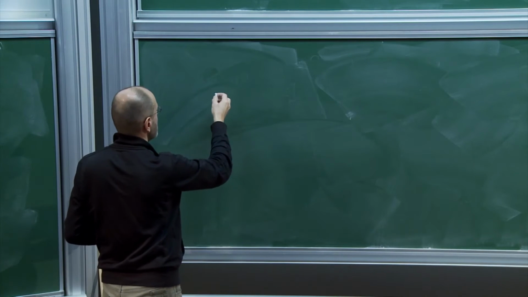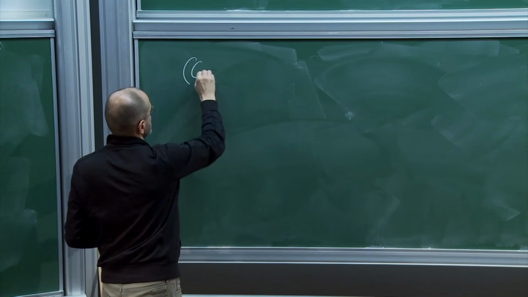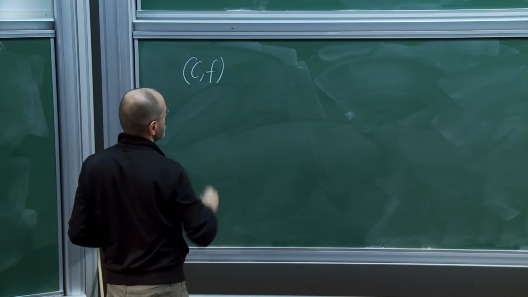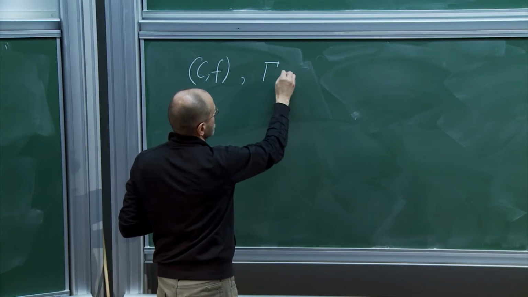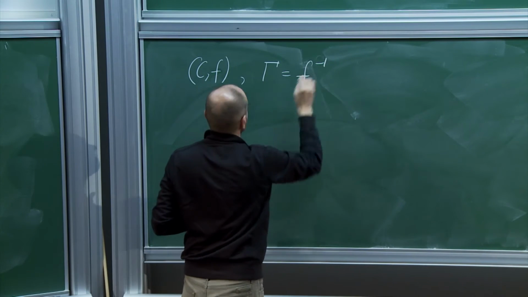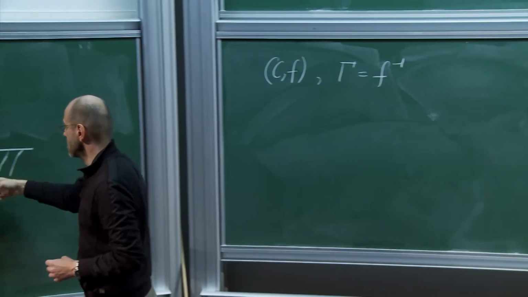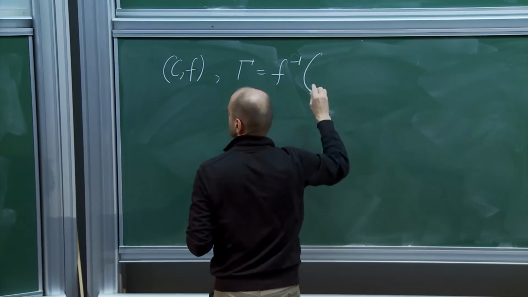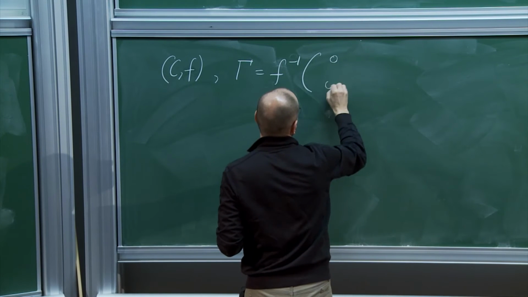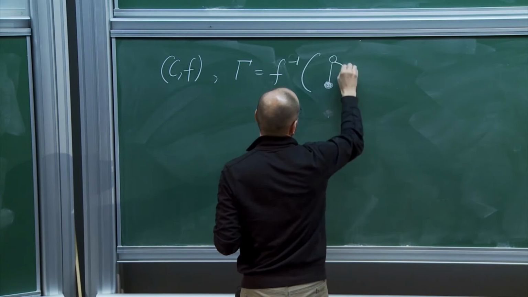Let F be a Belyi pair, and let gamma be the corresponding three-valent graph. Let's call it the Belyi graph.